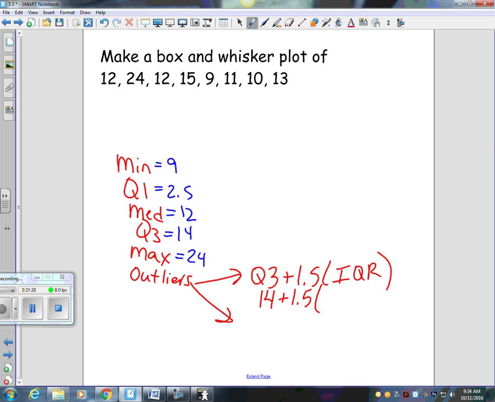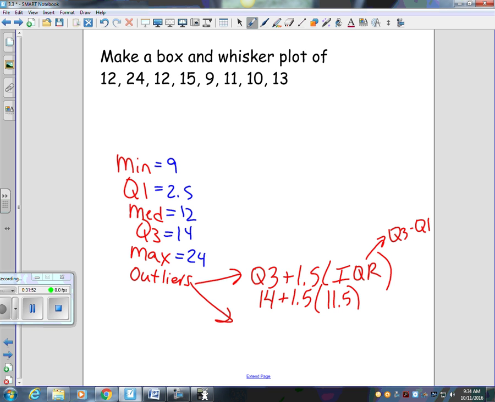Do you remember? It's Q1 and Q3. You subtract those. So do that real quick. 14 minus 2.5. What is it? 11.5. So the IQR is Q3 minus Q1.